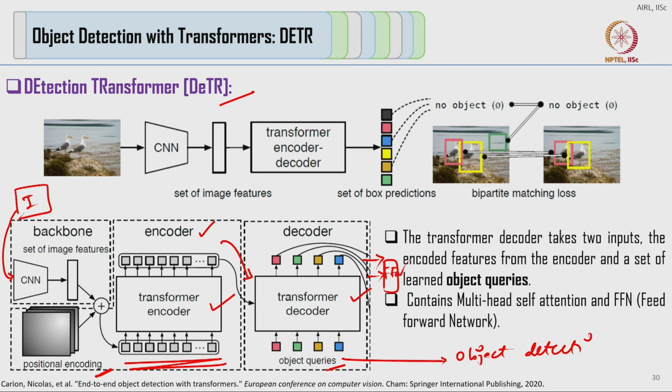Now again DETR is something we will discuss later on, but this is just to show that based on the functionality of positional encoder and based on the brief description of the encoder and decoder used in transformers, which use multi-head attention and the feed forward network, we do understand the building blocks of DETR. However, how DETR is used for object detection is something we will see later on.